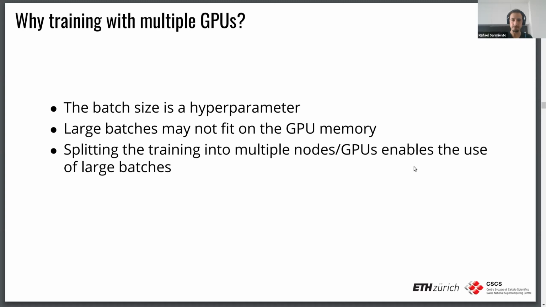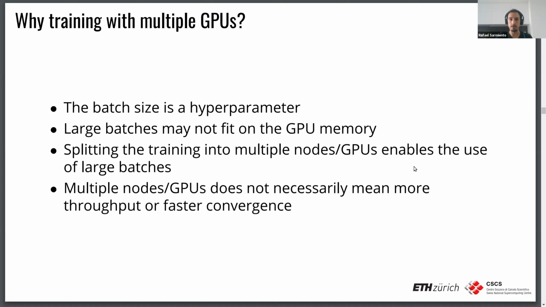Just bear in mind that multiple nodes and multiple GPUs does not necessarily mean that you're going to go faster or process more samples per unit of time. It can happen that you make it slower, because distribution involves communication, and communication requires time. If you don't need to distribute, then the best way is to do it in a single node.